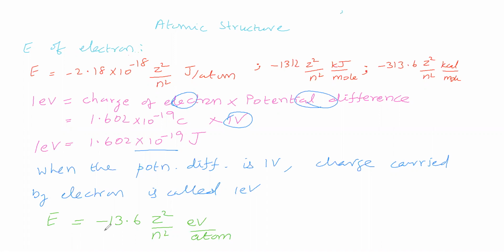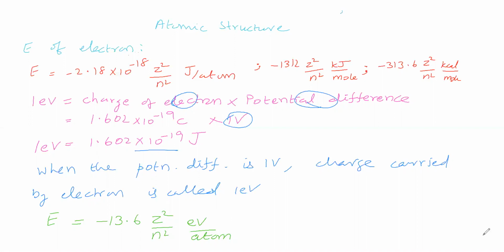So energy of electron for hydrogen and hydrogen-like species, we have to use this formula. So energy of electron, we got it.